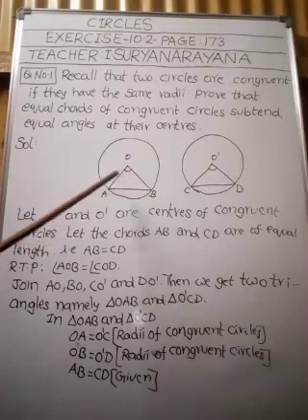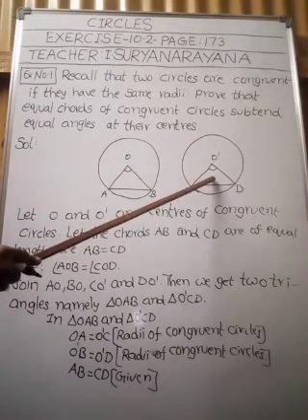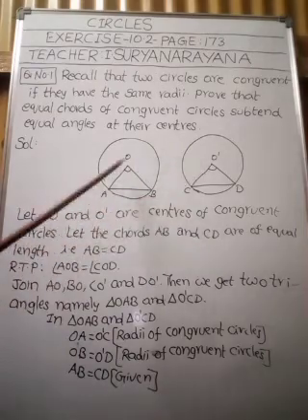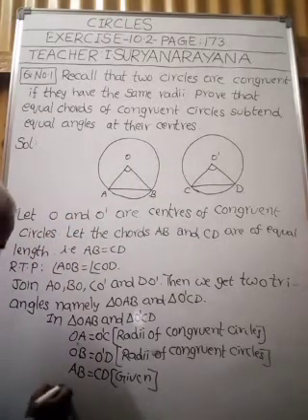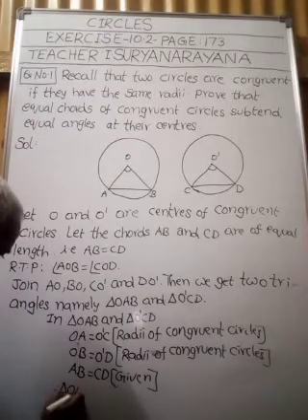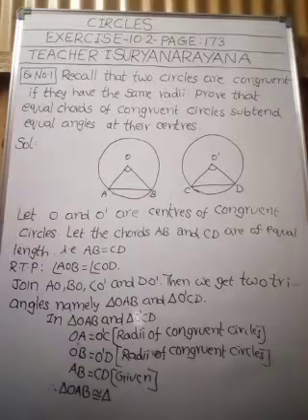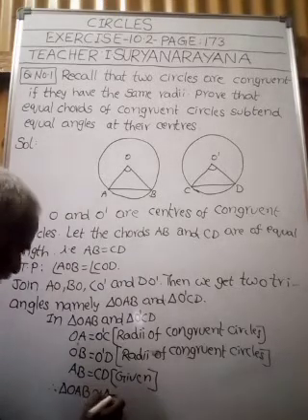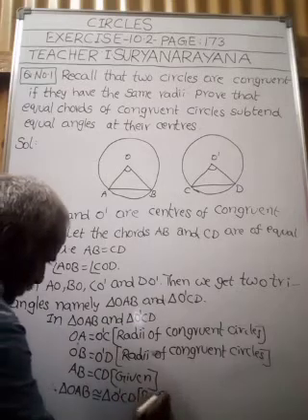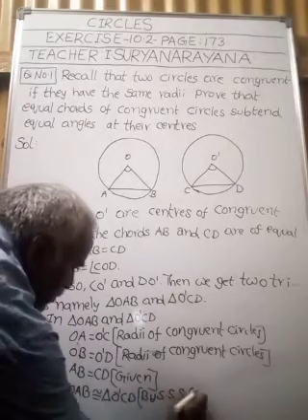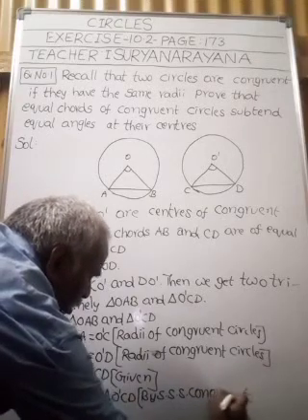So we have compared the three sides of this triangle with the three sides of this second triangle. They are equal. Corresponding sides are equal. Then we can say that triangle OAB is congruent to triangle O dash CD by SSS congruence rule.